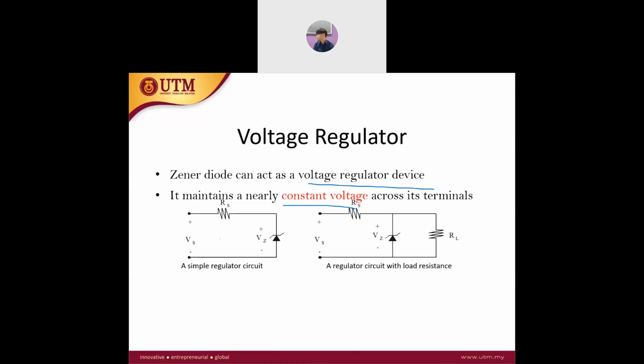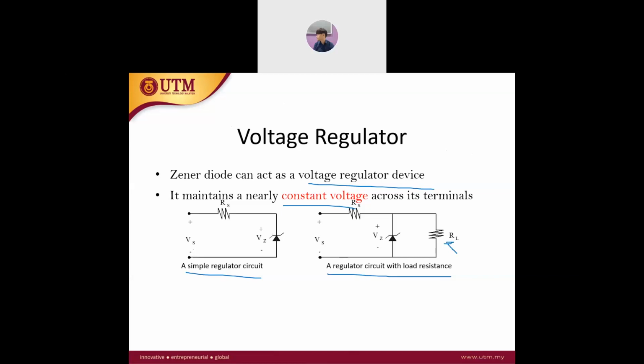So that we see from the two circuits. One is a simple regulator circuit employing VZ, and the next is a regulator circuit with the addition of the RL resistor. So this is a simple circuit. If you see, this one is positive and this one is minus for this source voltage, and you see it's actually opposite of our general diode.